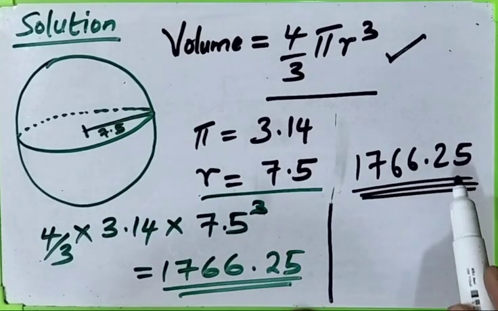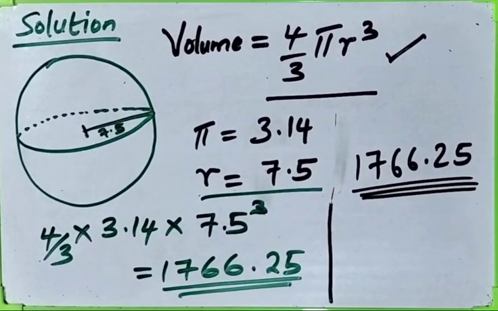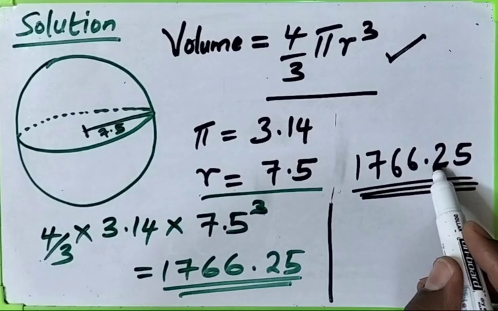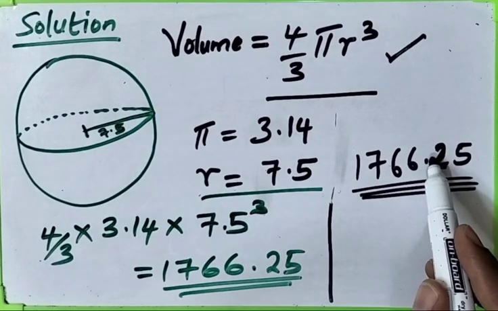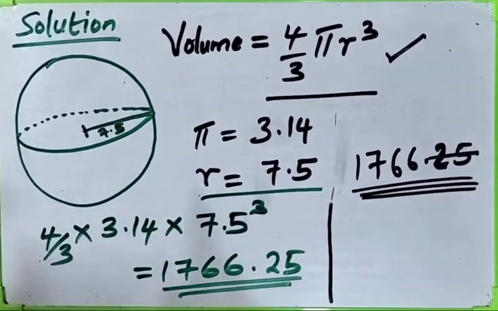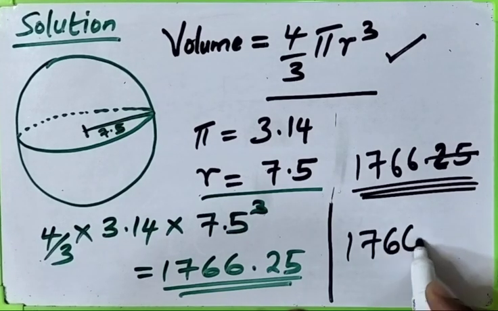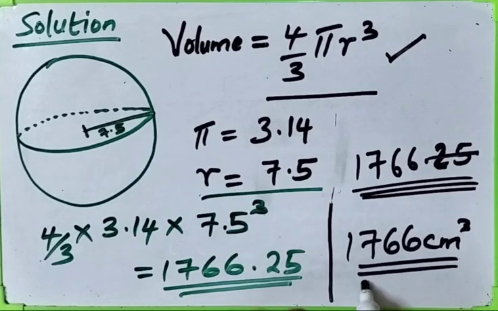Again, check whether 0.25 is half a centimeter. It is not. When you look at these two, it is not 5, it is less than 5. So we drop all these parts and have the answer as 1766 cubic centimeters.